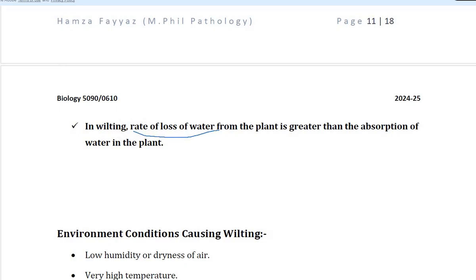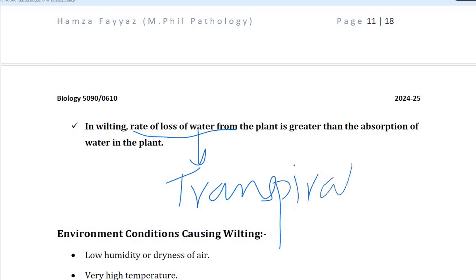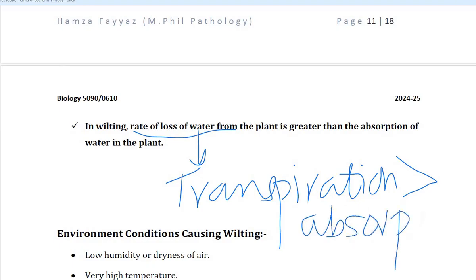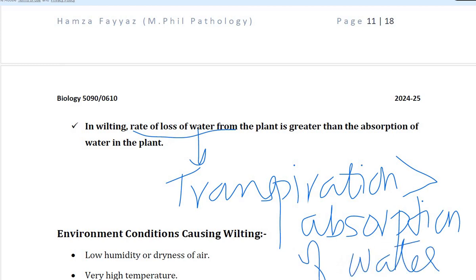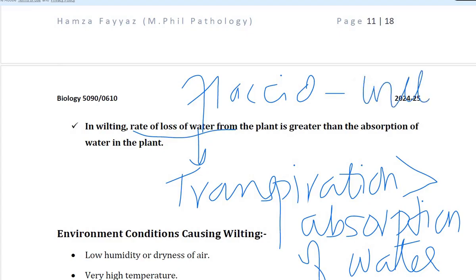Loss of water through transpiration is more than absorption of water. Loss of water क्या ज़्यादा हो रहा है, क्या होगा कि leaf they will become flaccid and ultimately leaf will wilt.